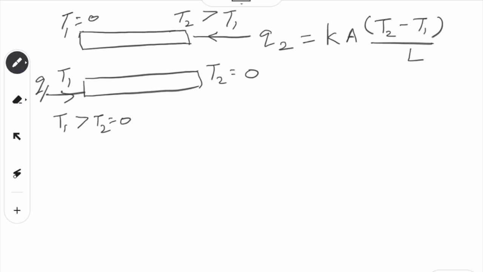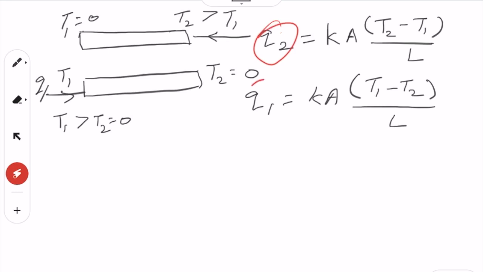So if Q1 is positive, we can write Q1 equal to again K times A, and then T1 minus T2 divided by L. Okay, so we can combine these equations.